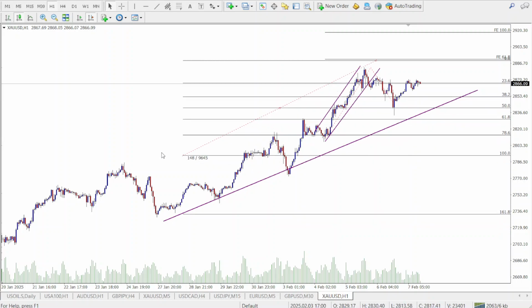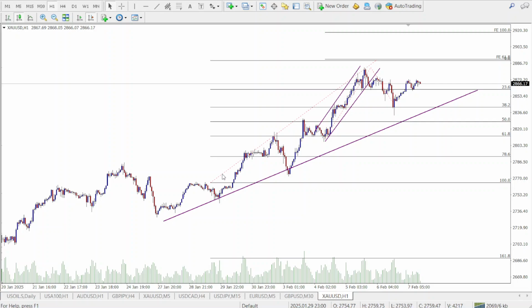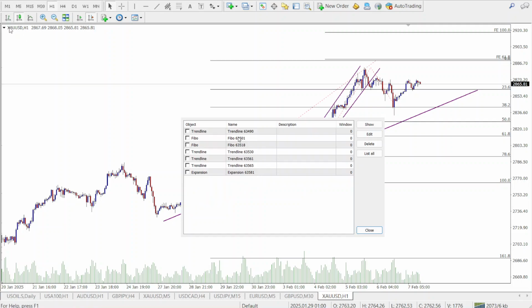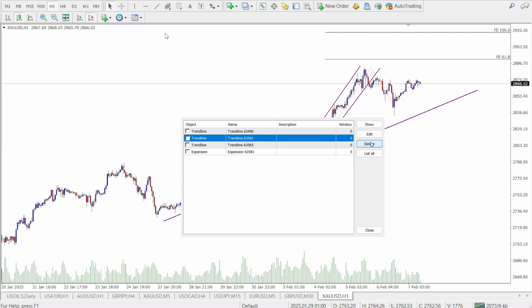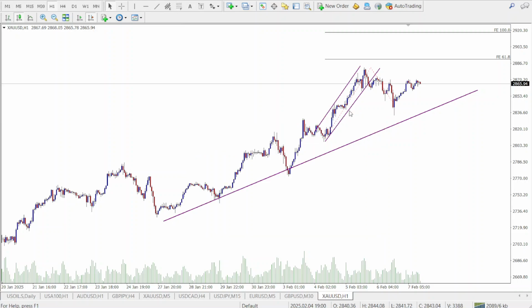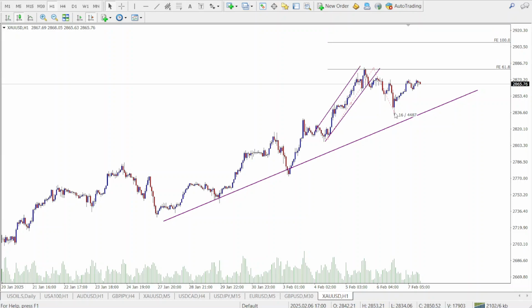I'm just going to remove the retracement right now, since we're talking about the expansion at the moment. So let me just remove the Fibonacci retracement. Okay, so once you have done that, you have to now drag it to, all right, drag it to the retracement.